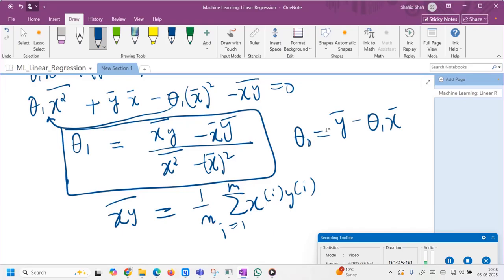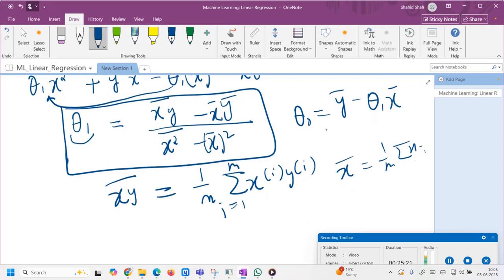You just multiply, sum it up for all students, and you get xy whole bar. What is x bar? It is the sample mean. Similarly, x square bar is the sample mean of x square, and so on. So these quantities are computable using data, and theta 1 is expressed in terms of data set averages. So we can estimate theta 0 and theta 1.